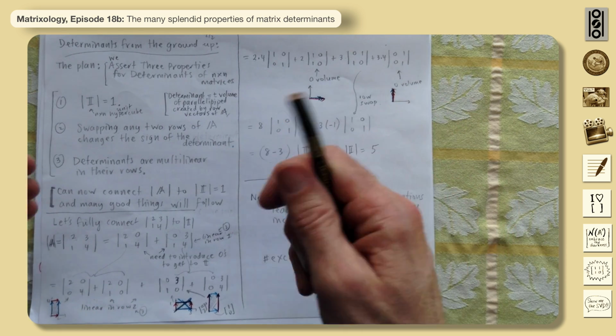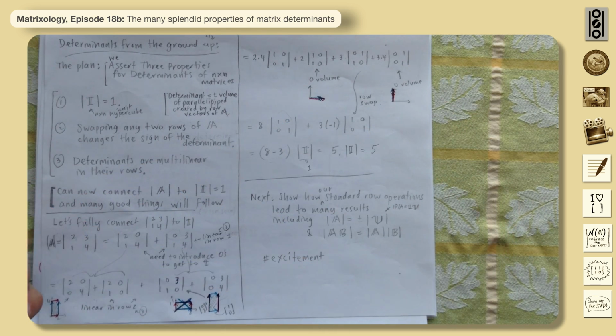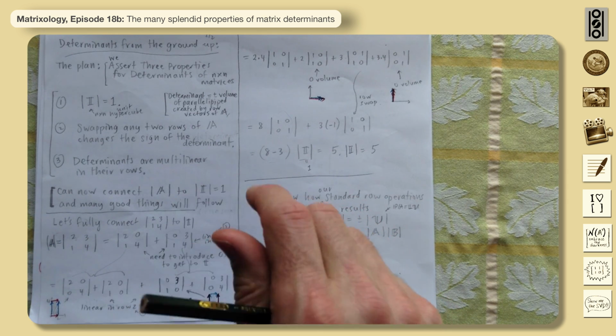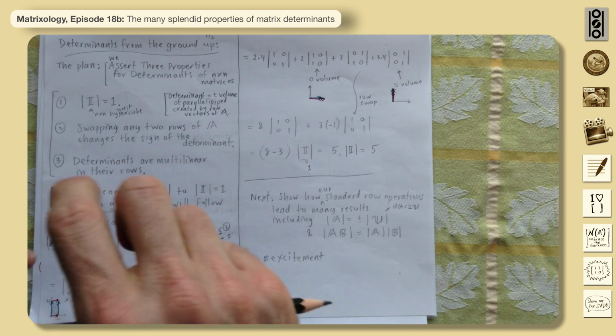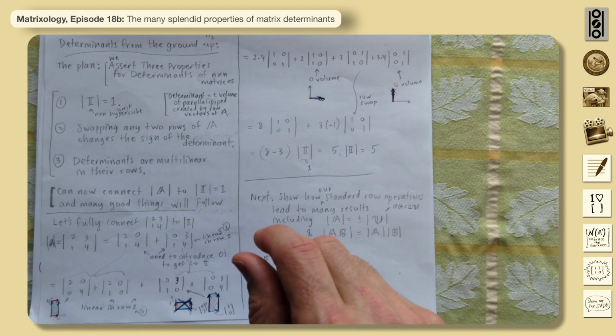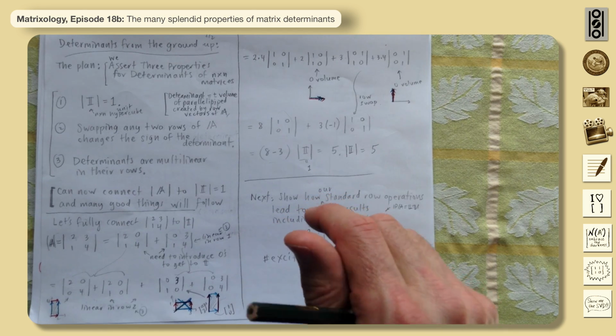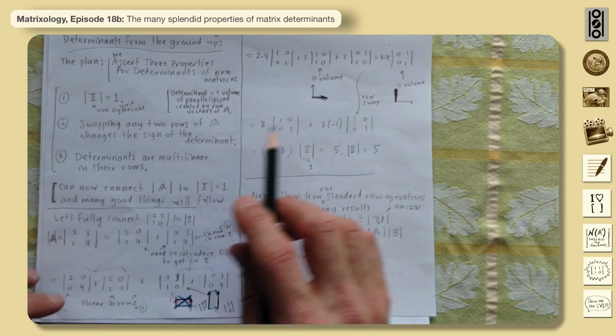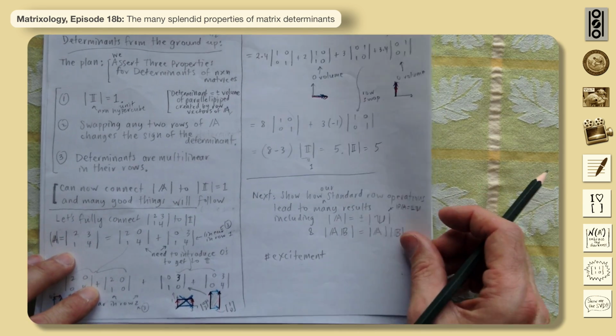Okay, so if we multiply one row by a number, we have to divide by that number to keep the determinant the same. So if you want to multiply the third row by 10, you have to divide by 10 outside the resulting determinant. Okay. And we can split rows. That's the multilinearity story. All right.